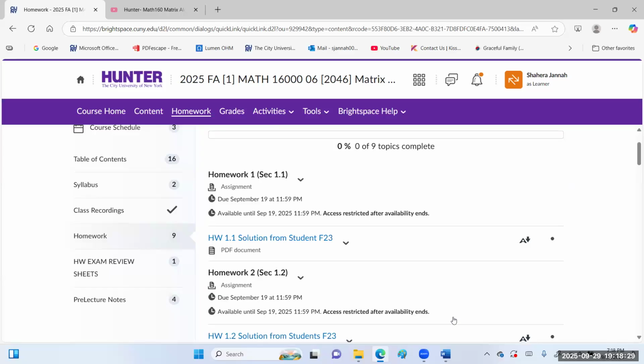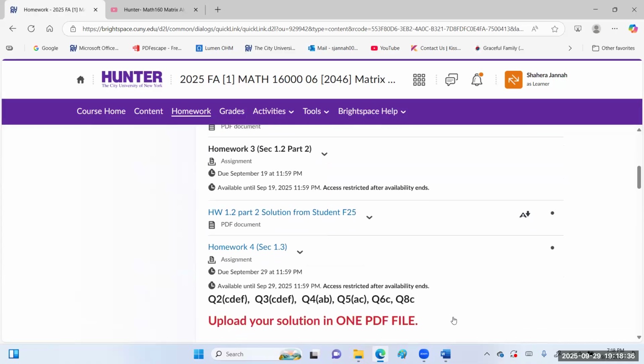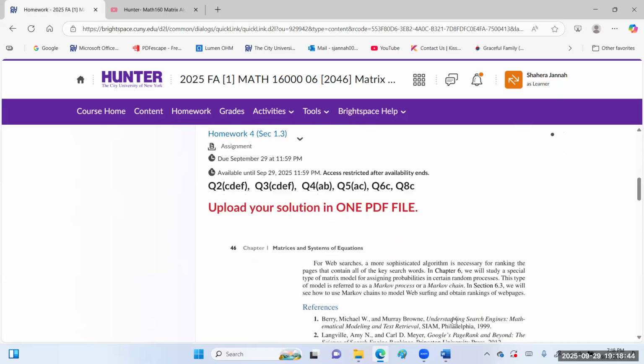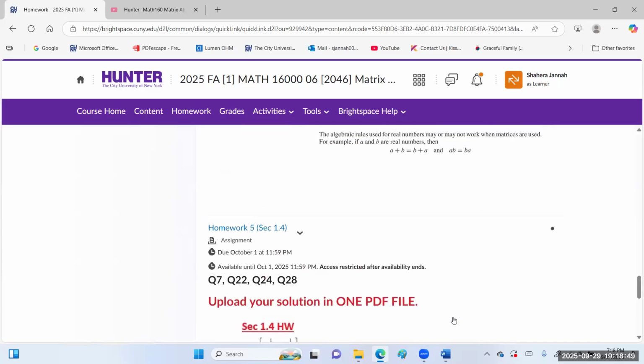So I already posted the solution for 1.1, 1.2, and 1.2 part 2. So the first 3 homework you already submitted. I posted the solution. Now you have to do homework 4, which is 1.3, and homework 5, which is 1.4.